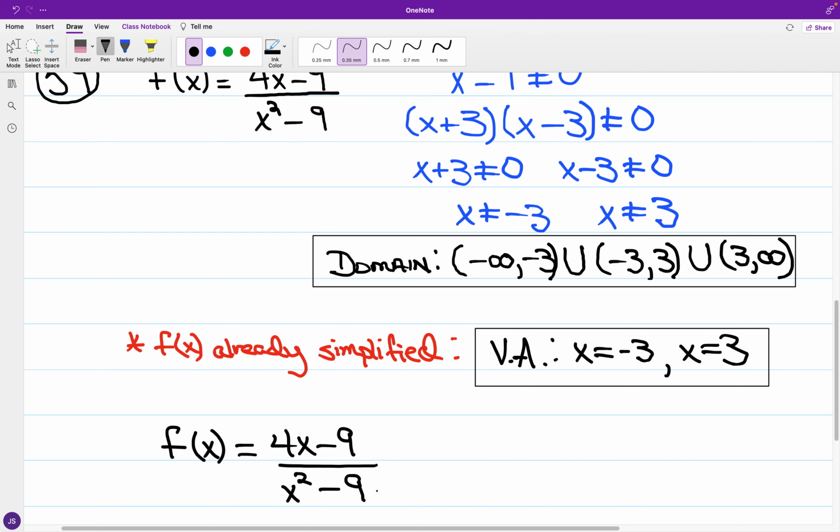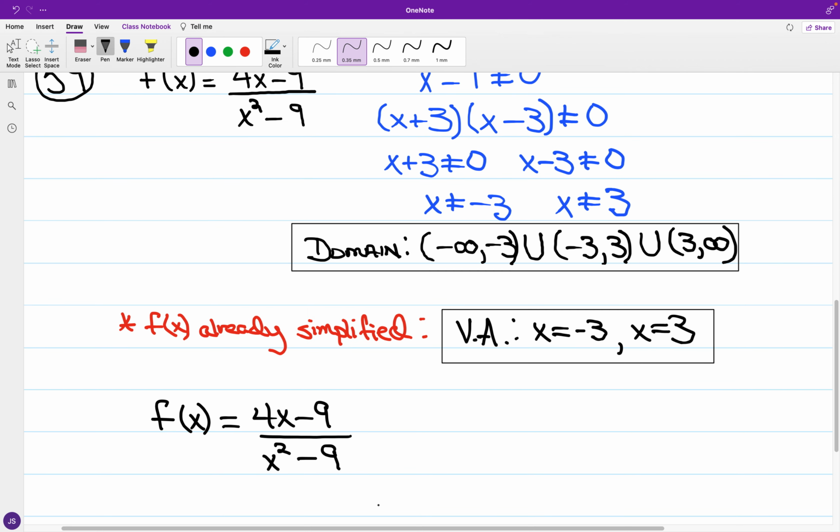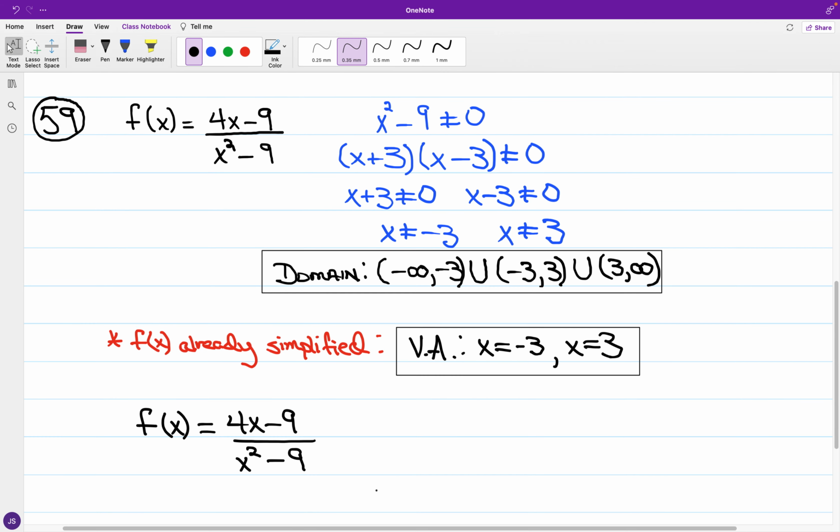Looking at the degree comparisons, from 4x minus 9, the only variable term at the top is 4x, and the x is to the first power.